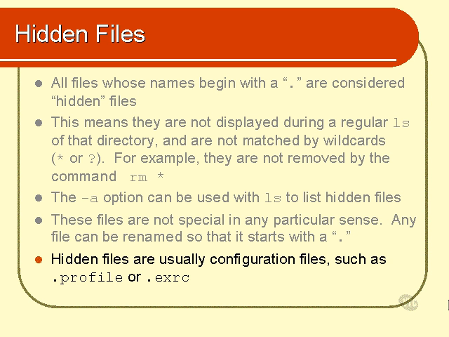There's a couple of examples of configuration files, .profile or .exrc. The first one is my login configuration, and the second one is my vi configuration. And once I've adjusted my login and vi configurations to the way I prefer them, then I probably don't really want to see those files again, because they would just get in the way. Like I said, set and forget.